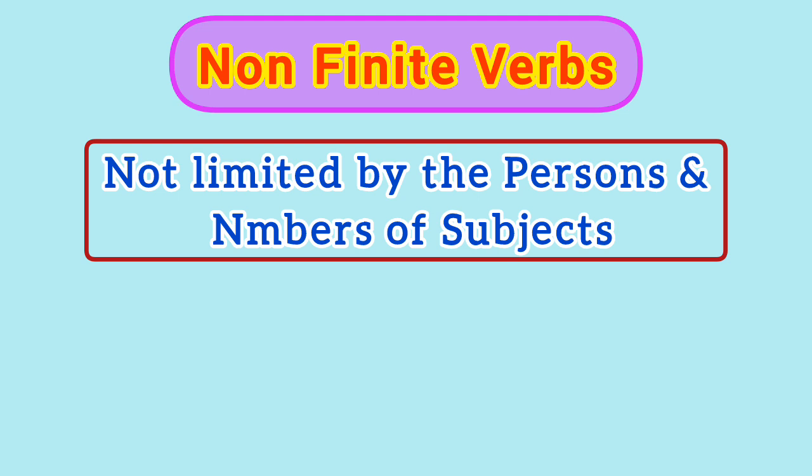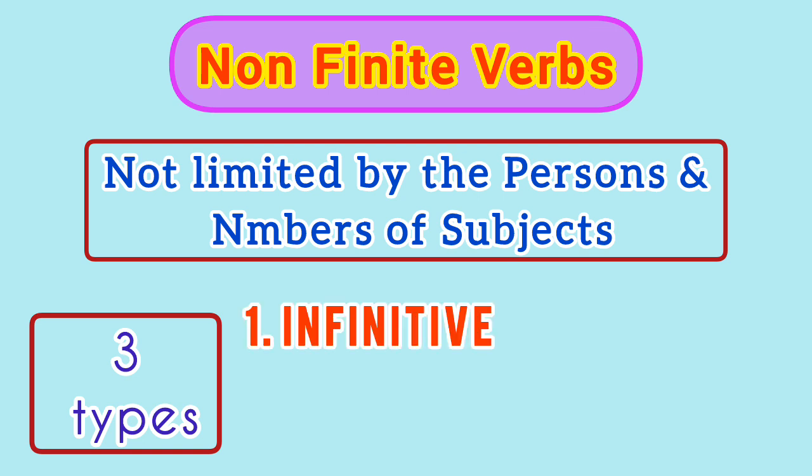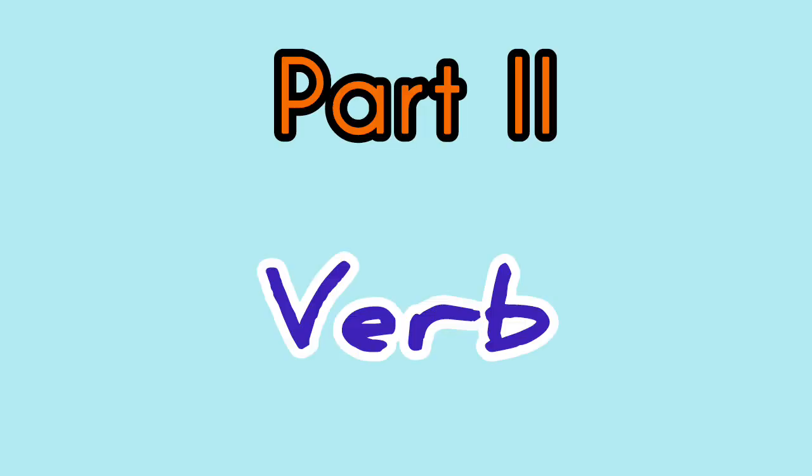And non-finite verbs are of three types. These are infinitive, gerund, and participle. And we'll discuss the non-finite verb in our next video, that is the part 2 of the verb.